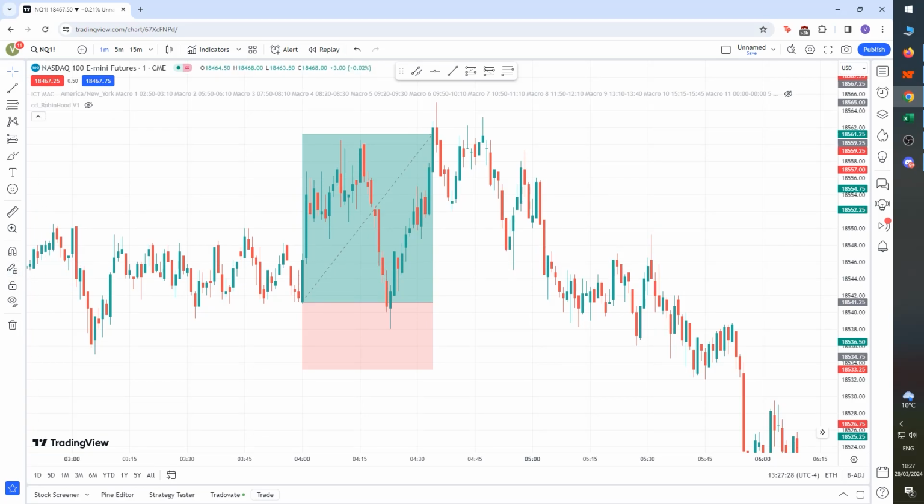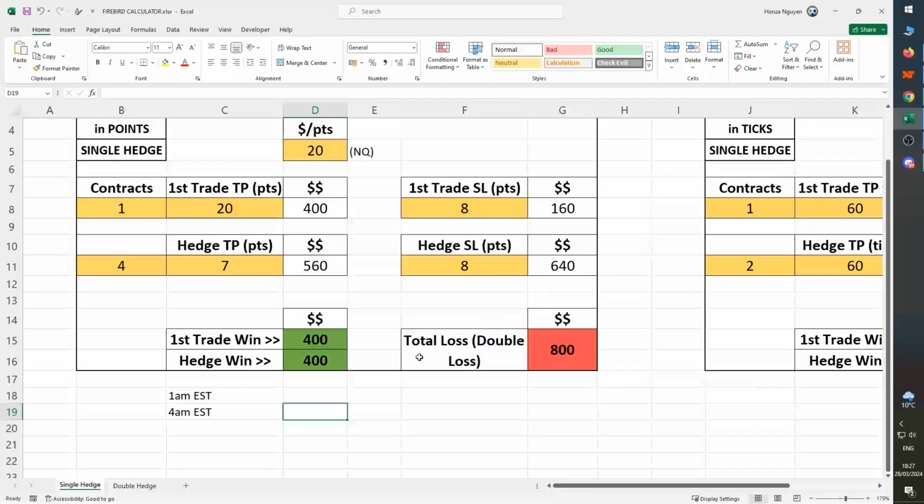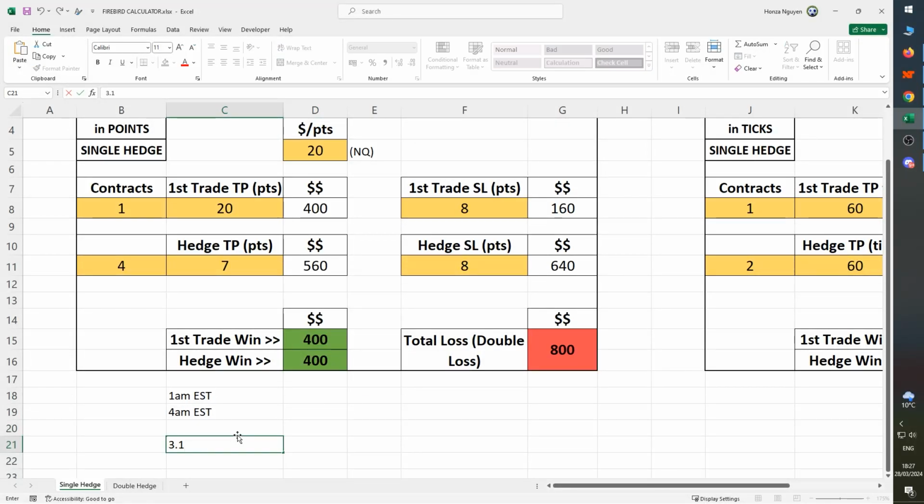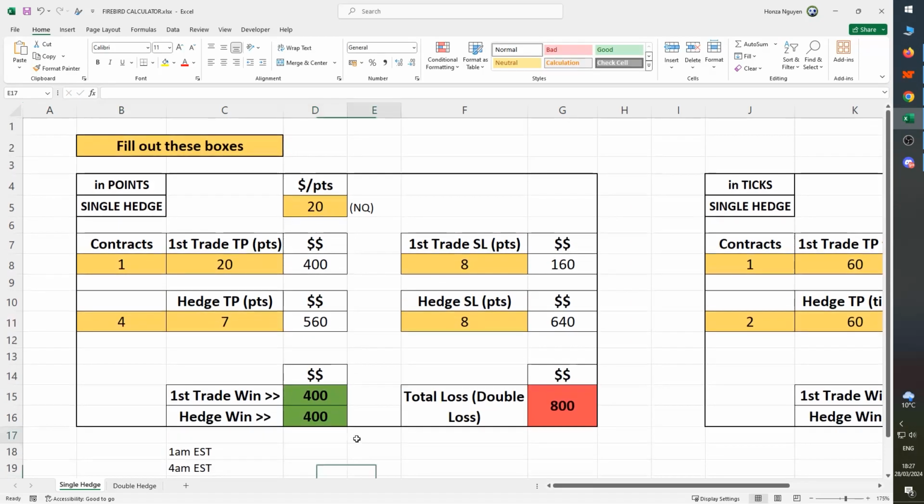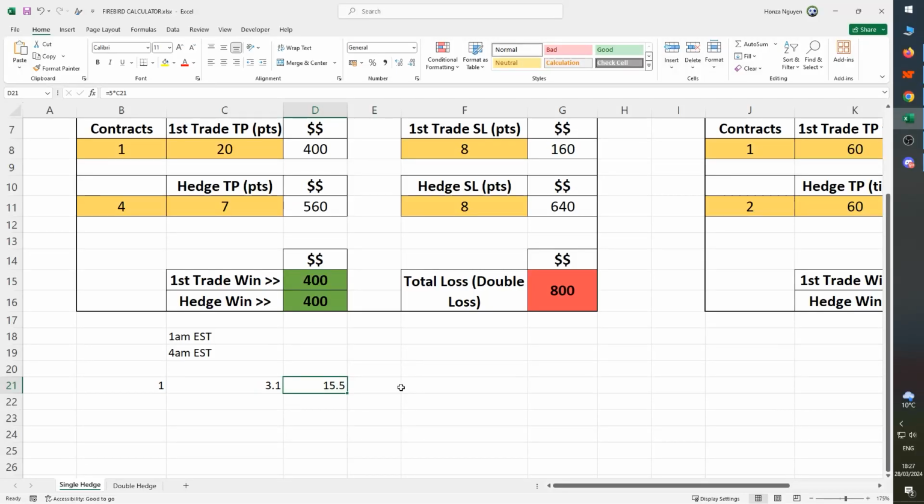How much are the commissions on 5 total contracts? For mini, I think it's 3.1 for one contract for buying and selling. So yeah, 5 times this. The commission is 15.5 for minis.